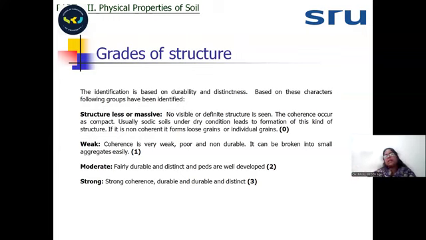Soil structure can be altered by physical manipulation. Then you write the properties influenced by soil structure, and the different physical properties influenced by texture. Then different forms of soil structure can be written, and different textural classes can also be written. So this is how you will write the differences between soil structure and texture.